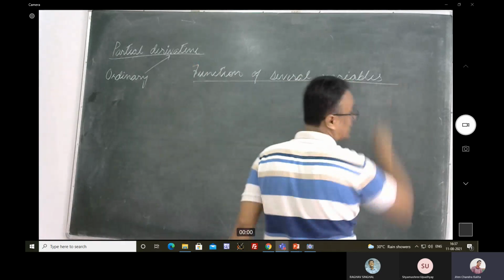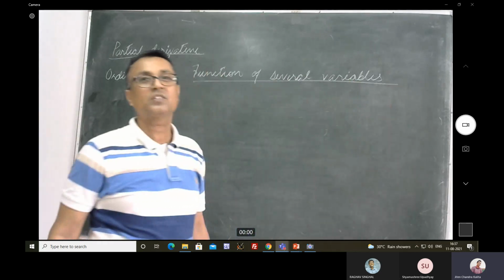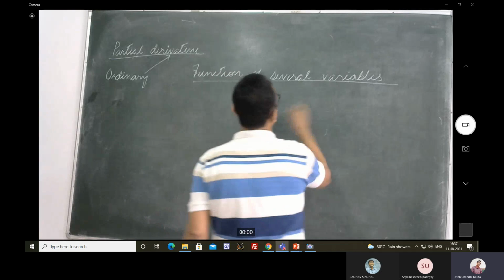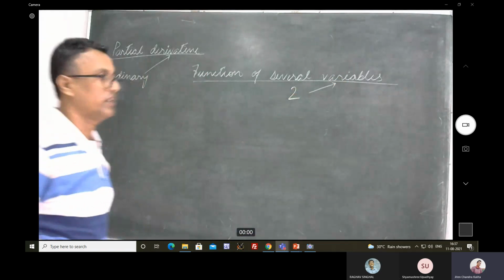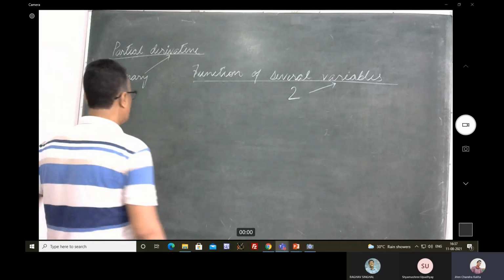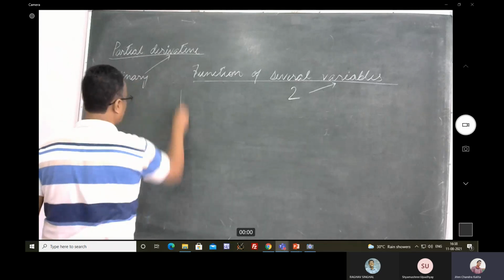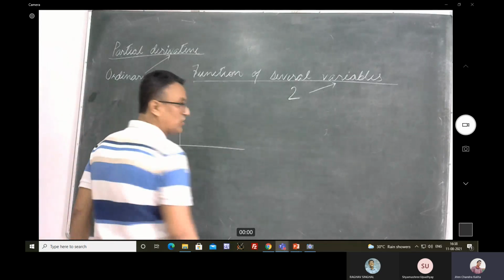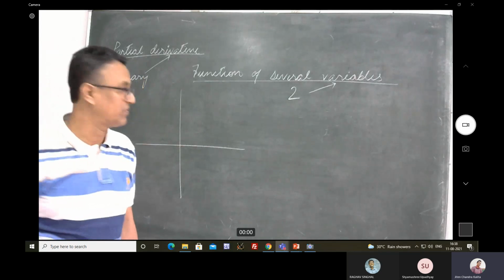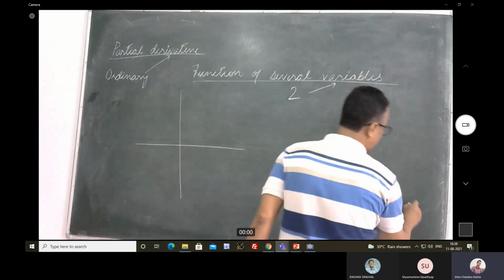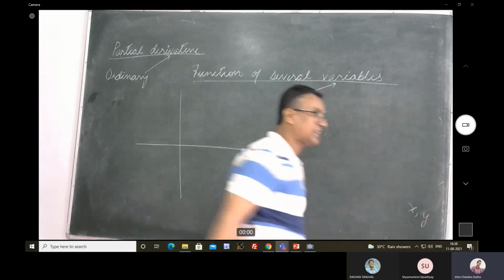To start with, we will begin with the simplest of them, that is nothing but a function of two variables. Obviously, a function of two variables is going to consist of more than one variable, and let me consider the variables to be x and y.